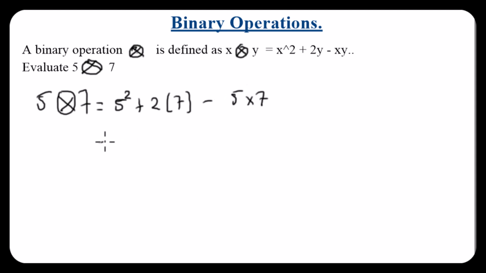Combining this, 5 squared gives us 25, 2 times 7 gives us 14, and 5 times 7 gives us minus 35. So adding this together, 25 plus 14 minus 35: 25 minus 35 is minus 10, and minus 10 plus 14 is plus 4.